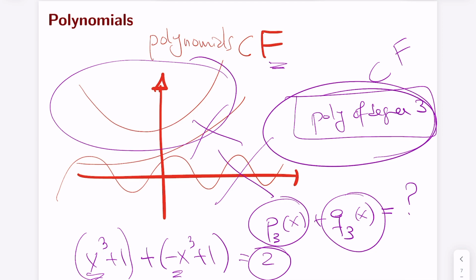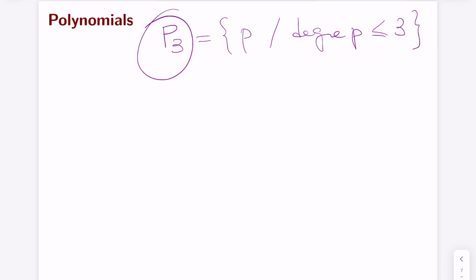But if we modify this set a little bit, let's consider now what is called P3. P3 is the set of polynomials such that the degree of P is less or equal than 3. So this set is still a subset of F, right? P3 is contained in F.